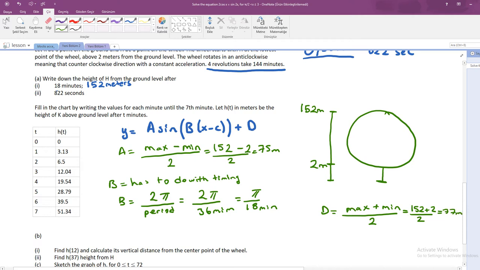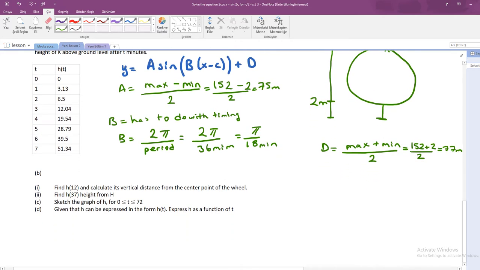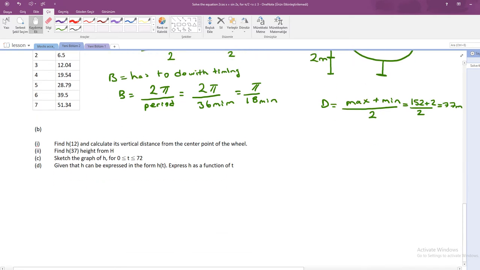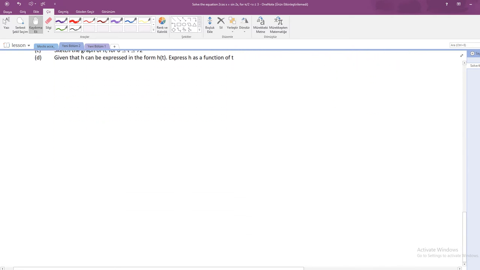So if we make a graph about the information that has been given to us, okay? Let's make it like this.